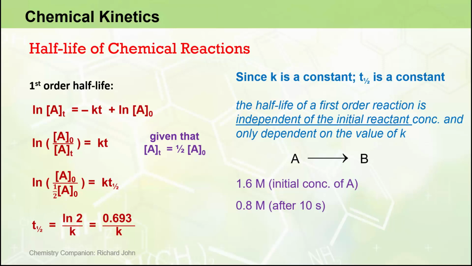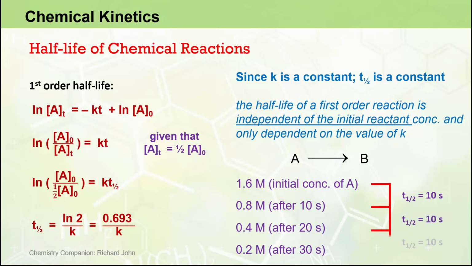For a first-order reaction, if we wait another 10 seconds, which is a period of time equivalent to the half-life, the concentration will drop to 0.40 molar. And if we wait another 10 seconds, or another half-life, the concentration will drop to 0.20 molar, and so on. In other words, it doesn't matter what concentration we start with, the half-life will be the same, 10 seconds in this case.